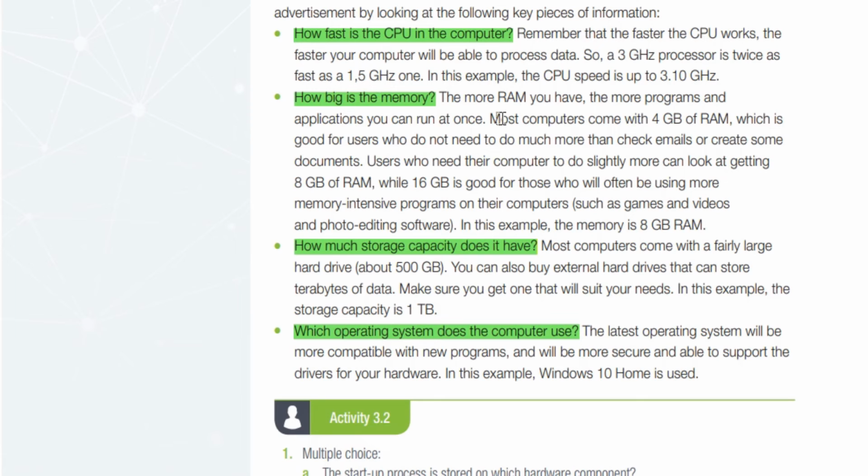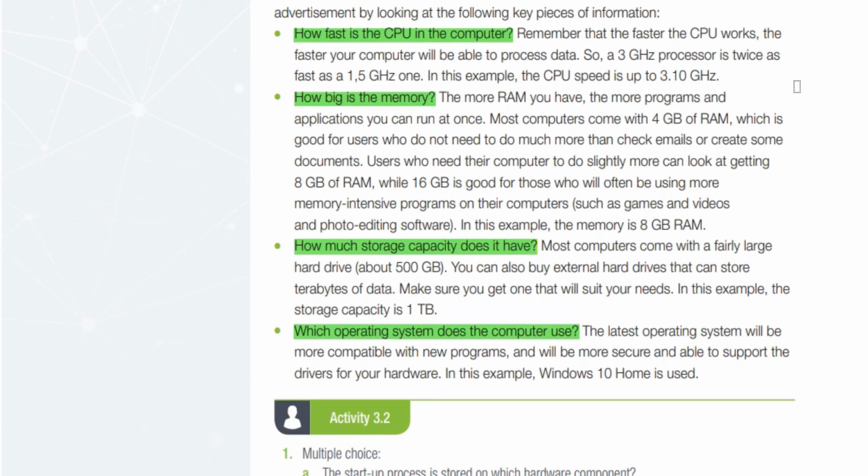How much memory does it have? The more RAM you have, the more programs and applications you can run at once. Most computers come with 4 GB of RAM, which is good for a user who does not need much more than to check emails or create some documents.